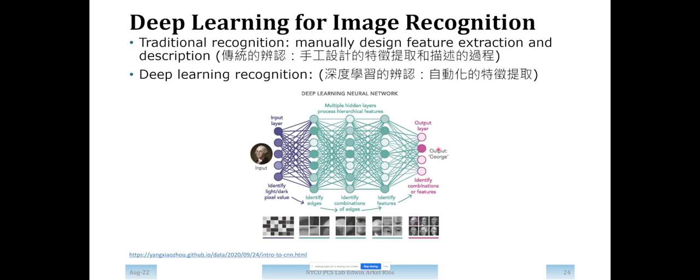As we said in the past, something like cat or dog. In the past, we would directly design some method: we want to find some edges, then combine edges, then combine the features, and that's what we did originally with traditional methods.